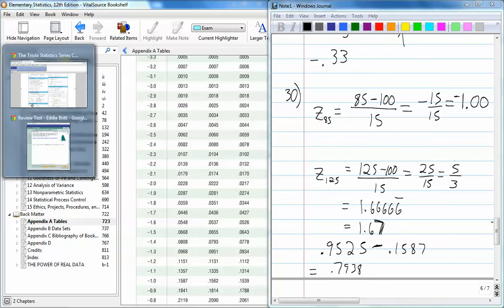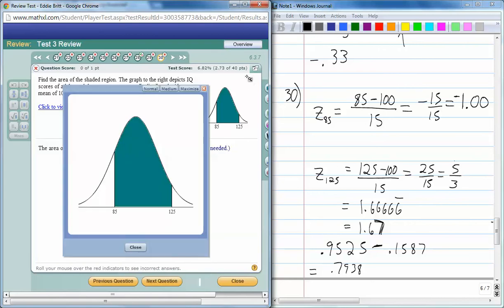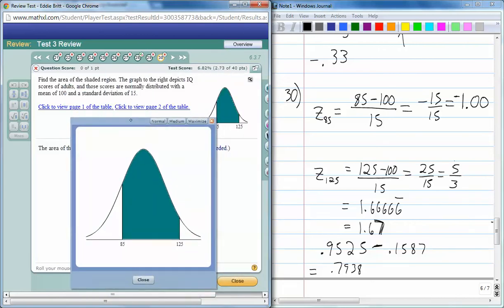Let me tell you what that actually means. You know, this stuff makes a lot more sense if you understand what this is showing here. Alright, so if these are IQ scores, we know that the mean IQ score, and this is just in general, is 100. Okay? So 100 is around here somewhere.